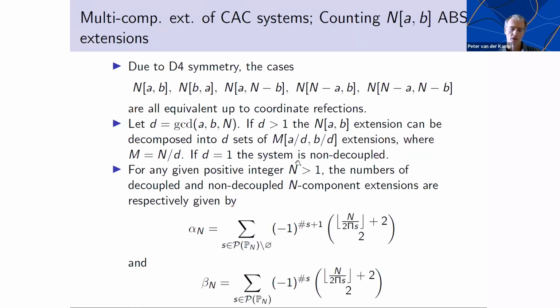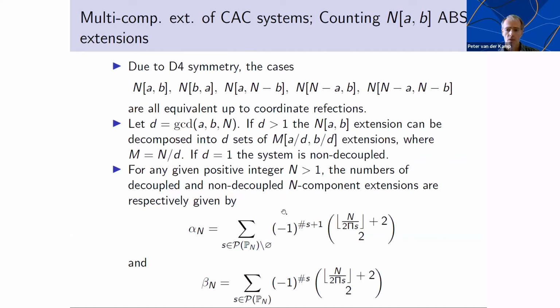This I'm also going to go over very quickly, maybe not so interesting, but if your equation has D4 symmetry, then some of the extensions are equivalent if you allow coordinate reflection. The coordinates are just the independent variables here. Then you get the same systems no matter which of these extensions you apply.